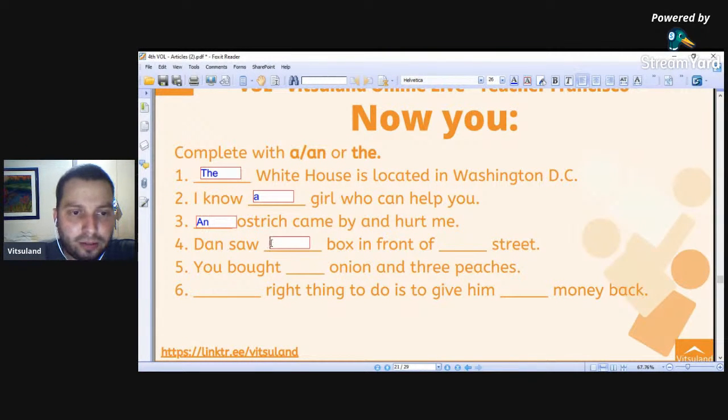So a box in front of, and now we have to specify, because we're talking about a specific place. In front of the street. We have a specific street and we are showing, determining a specific one.